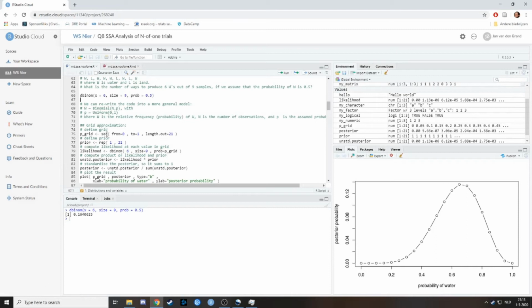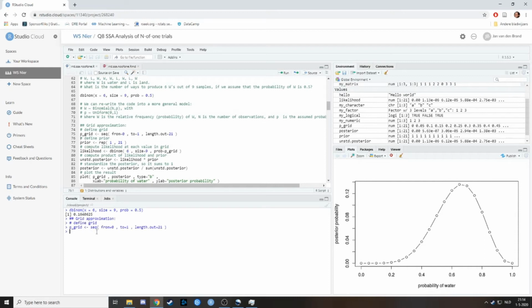We define something that's called a search grid, where we don't only take the probability of 50%, but we can take a whole series of values. That's what we've done here. We define the probability grid. It's what this vector is called, P grid, and it ranges from 0 to 1 in 21 steps.